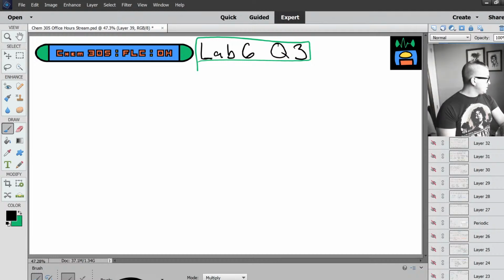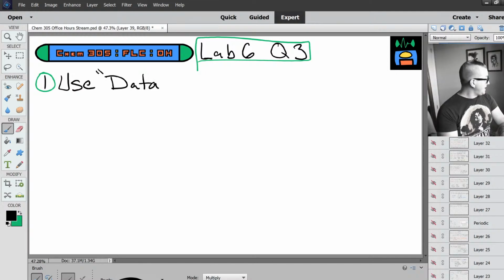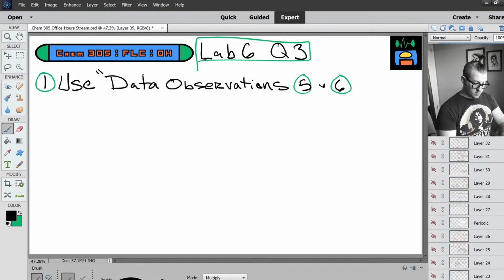What you can do is, first thing, use data observations 5 and 6 to determine the excess reagent.